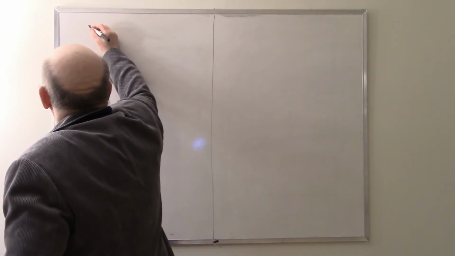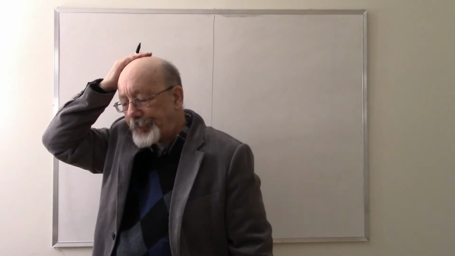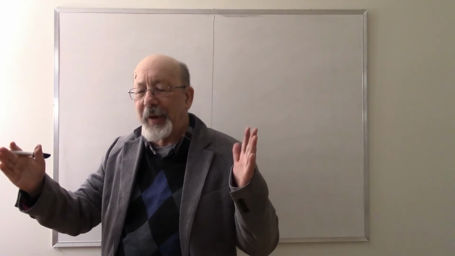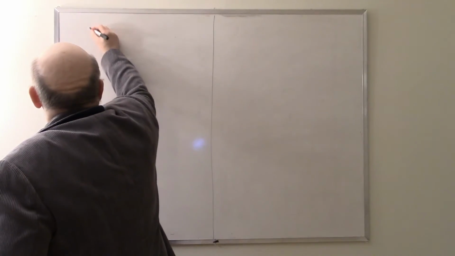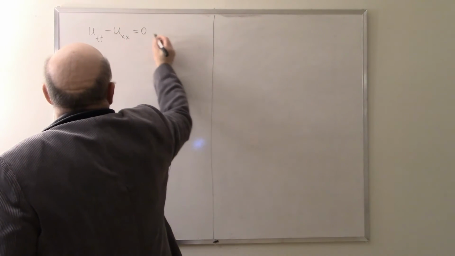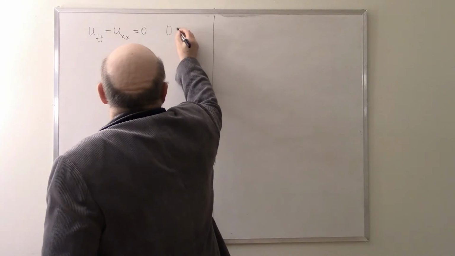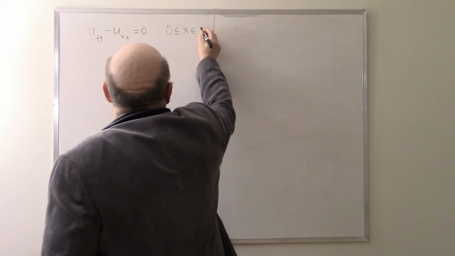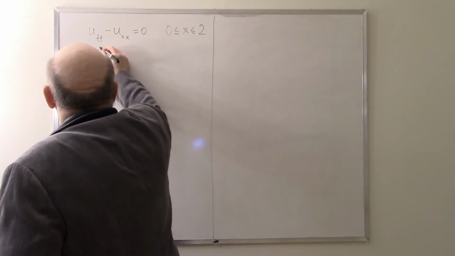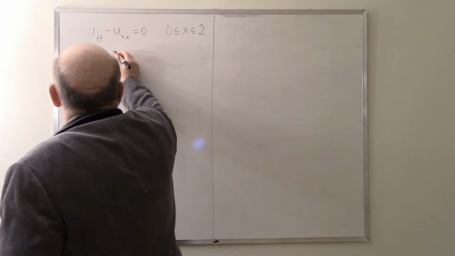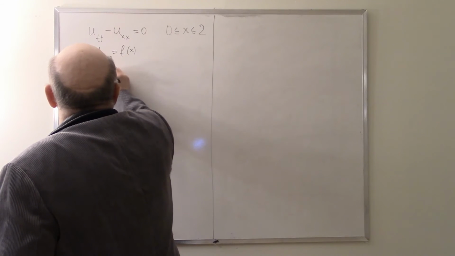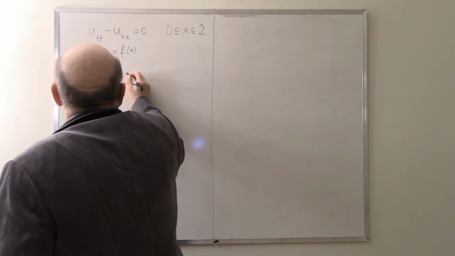So consider the string equation on a finite string, u_t minus u_x equals 0. Here x is from 0 to 2, for example. u for t equals 0 equals f of x, u_t for t equals 0 equals 0.